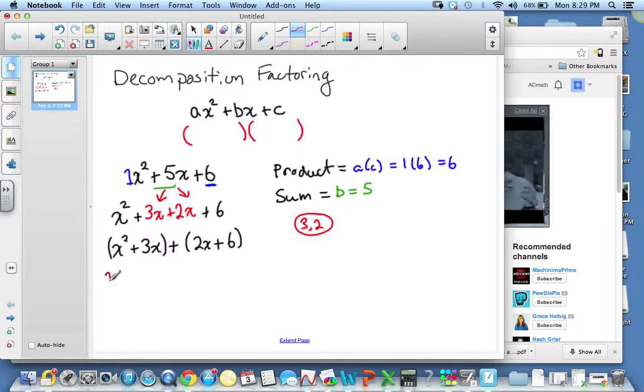Common factor each of the brackets by themselves. If my common factor here is going to be an x, I'm left with an x plus 3. My common factor here is just a 2, and I'm left with x plus 3. Now, this is why I say decomposition always works and it's foolproof.